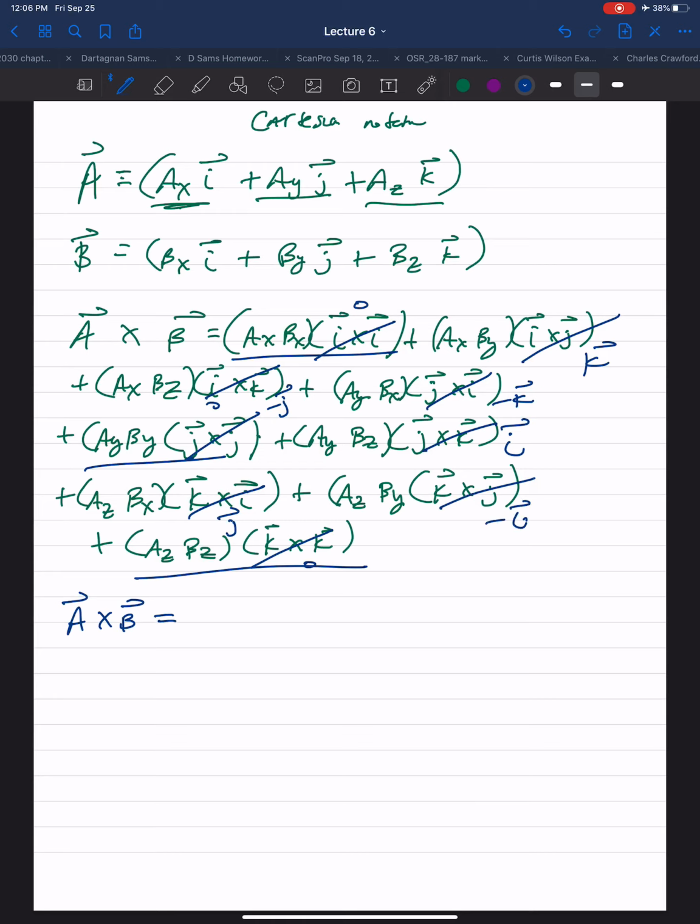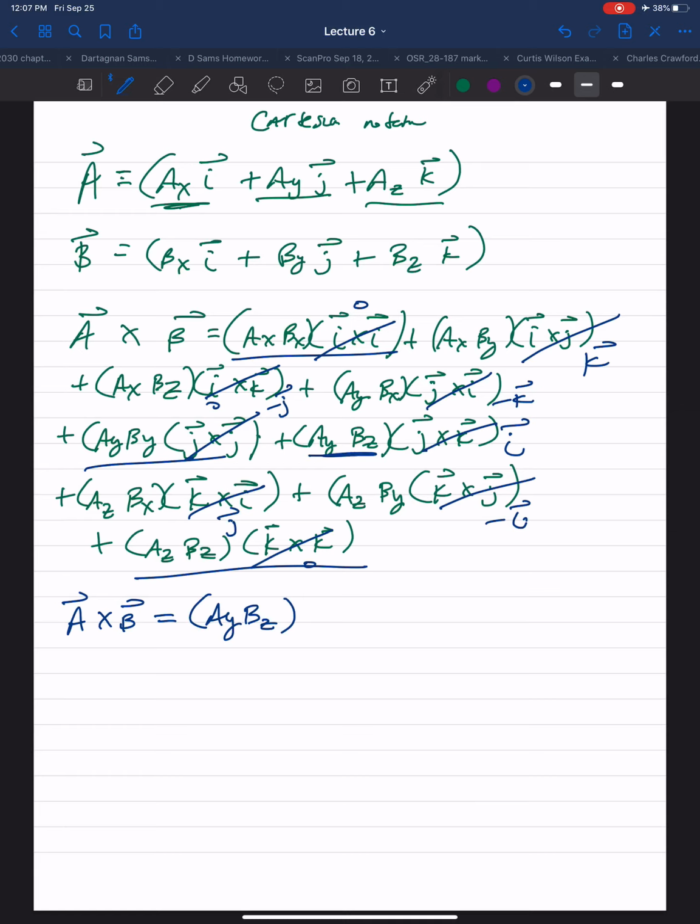So now we can simplify this further to AY times BZ. We'll combine all our i's first and then our j's and our k's.